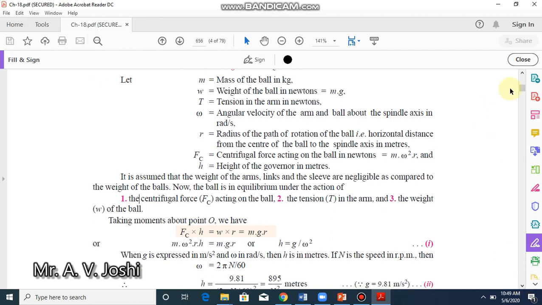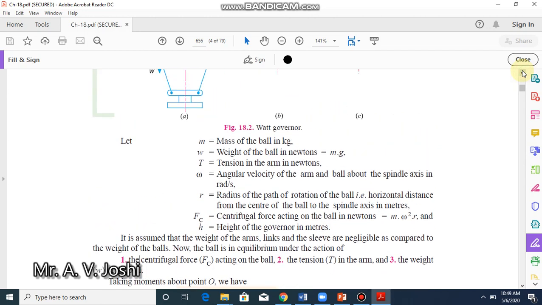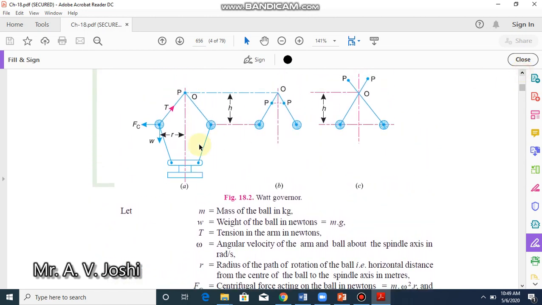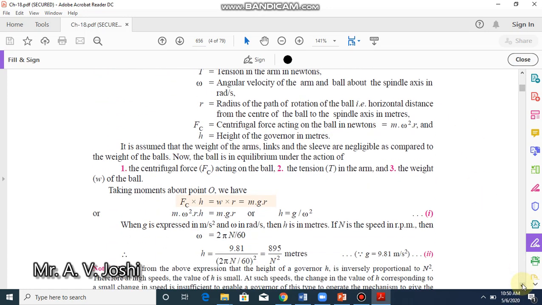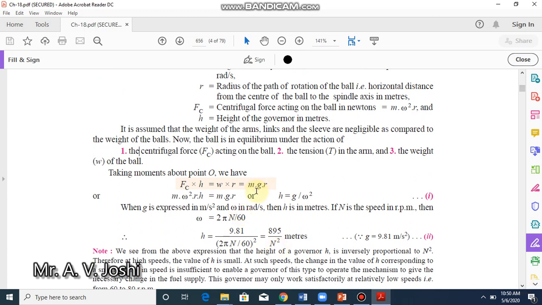Taking moments about point O, Fc into h, where h is the perpendicular distance from point O, is equal to the downward force, clockwise, w into r, which equals m g r.